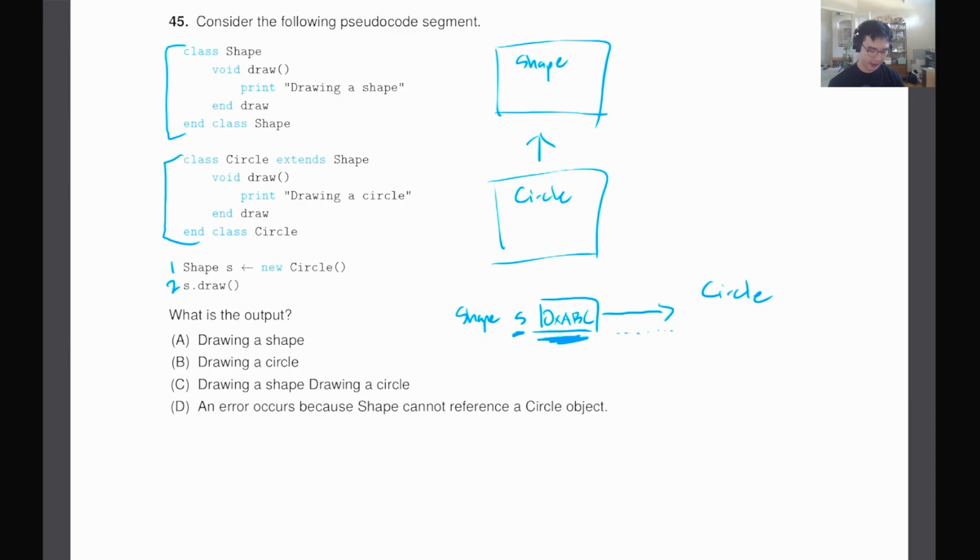So when I call this draw method, it's going to go to the Circle draw method, which is this one right here. It's going to use polymorphism and see that when it goes to the object, it's actually a Circle object. So it's going to call the draw method from that Circle object and print drawing a circle.